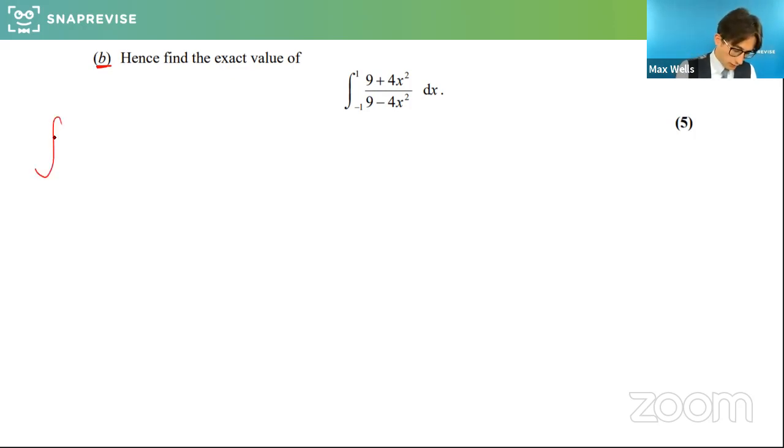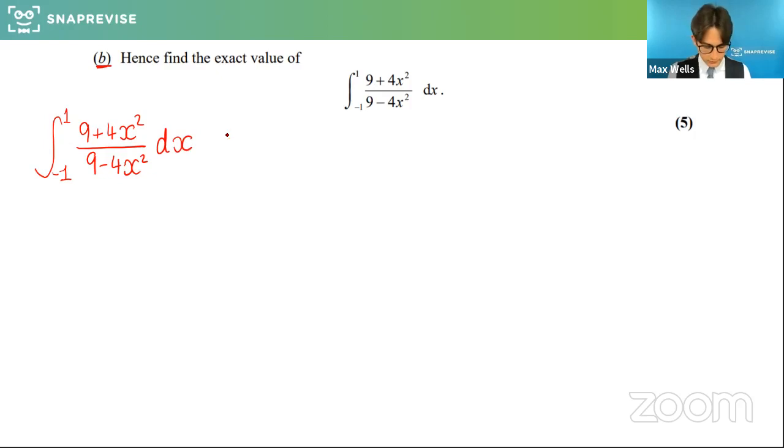Okay, so if we're asked to integrate between -1 and 1, (9 plus 4x squared) over (9 minus 4x squared), this is precisely why we need to know how to do partial fractions, because it's so much easier to deal with the integral of the function we just tidied up.